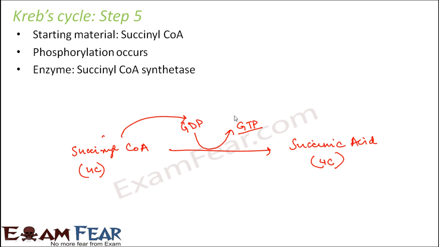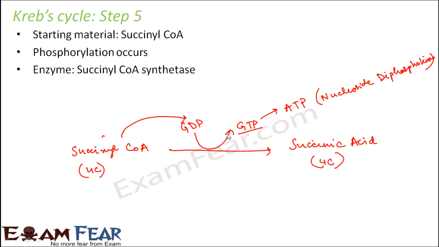Now what is this GTP? This GTP can be used as an energy source in protein synthesis. GTP can be very easily converted into ATP by nucleoside diphosphokinase. So that is the enzyme. This is the enzyme which can actually convert GTP into ATP.